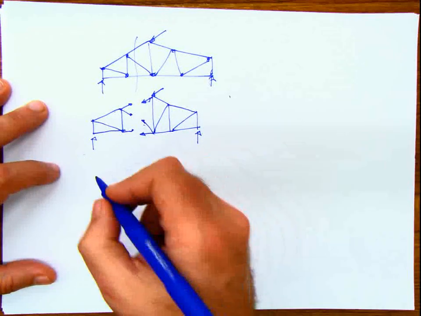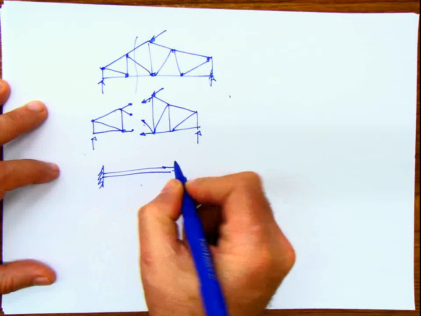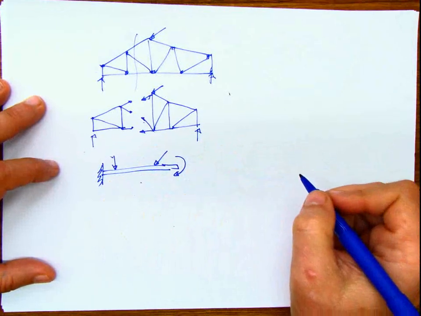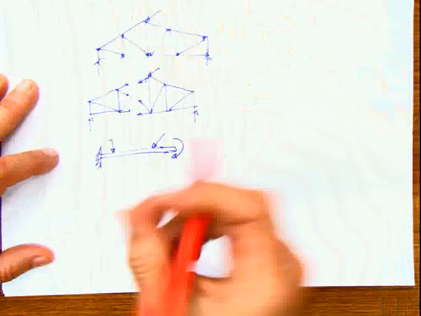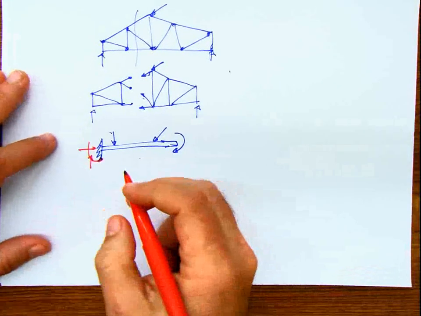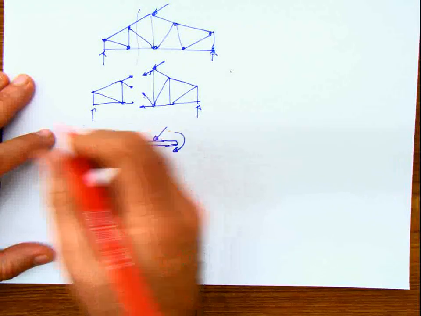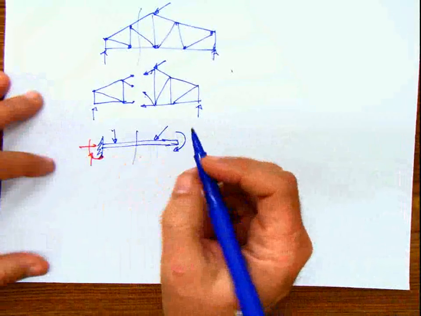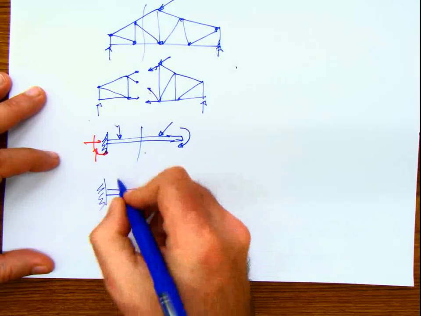Now if I have a beam, any type of beam, I'm going to put a fixed support here, and put this beam subject to forces and to moments. The same principle applies. This beam is going to have some reactions here, let's say. Because it's a fixed support, I have three, right? Y, X, and moment. But if I make a section here, if the whole structure is in equilibrium, once again, every part of that structure should be in equilibrium.